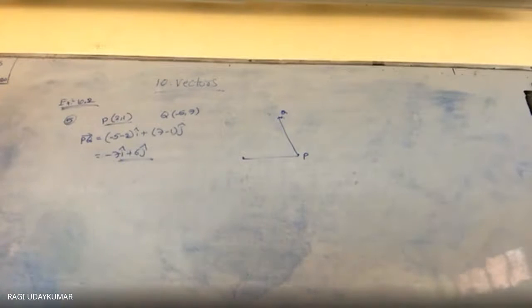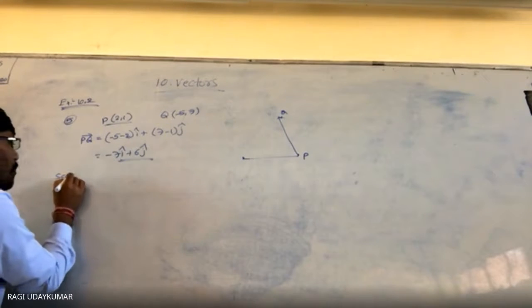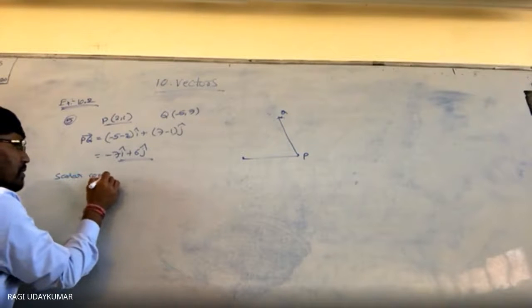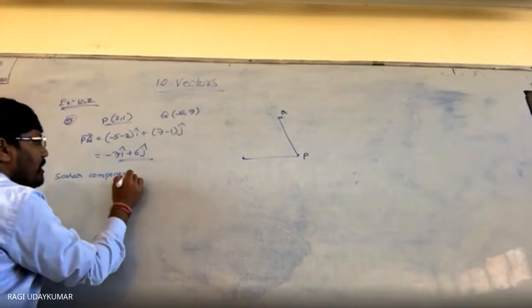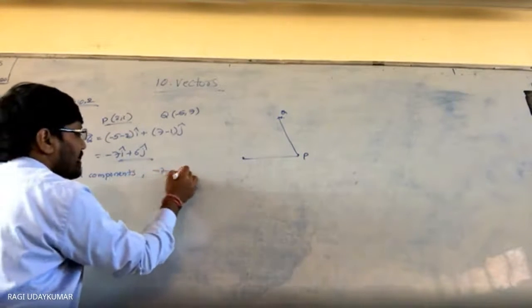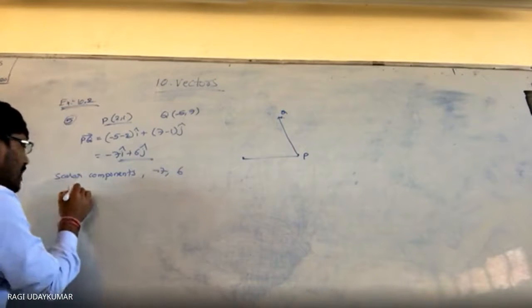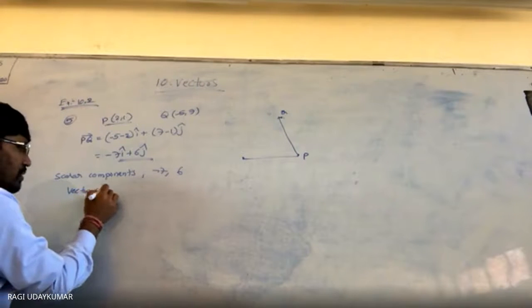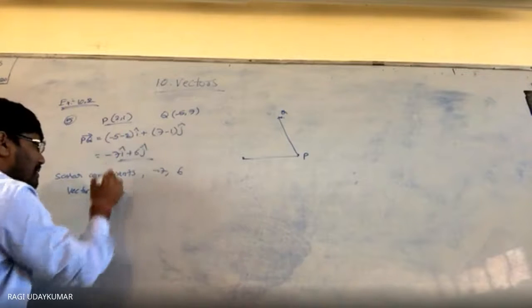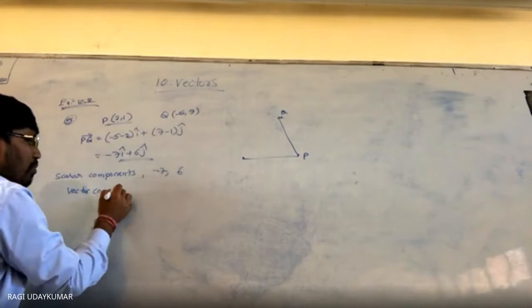So here in this case, scalar components are minus 7 and 6. Vector components include this.